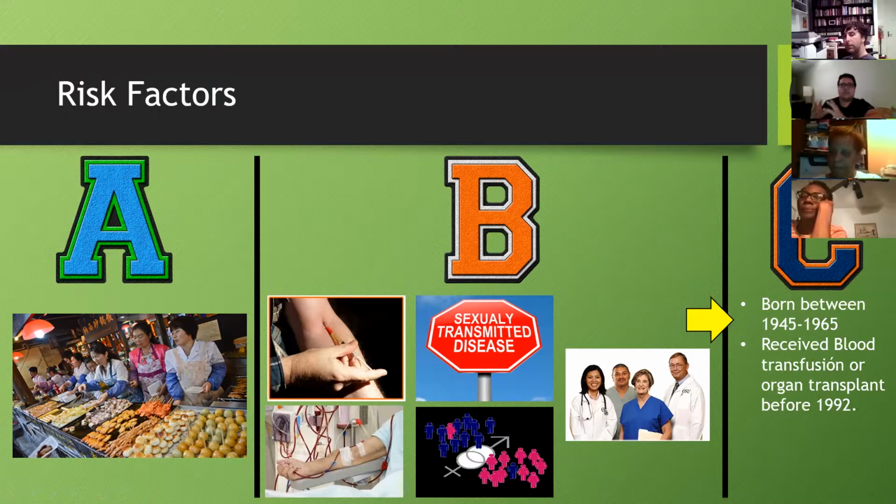And of course, there was a boom also in Hep C in that time, so everybody should get tested. Also, if you received a blood transfusion before 92, that's also a reason why you should get tested. Those are risk factors, together with the ones that I mentioned with Hep B.